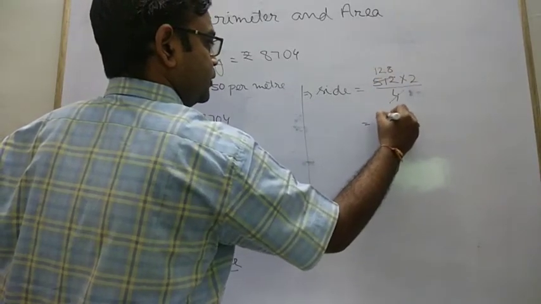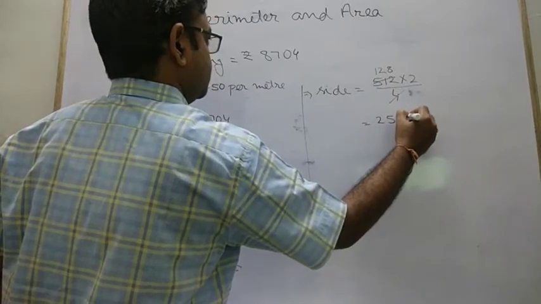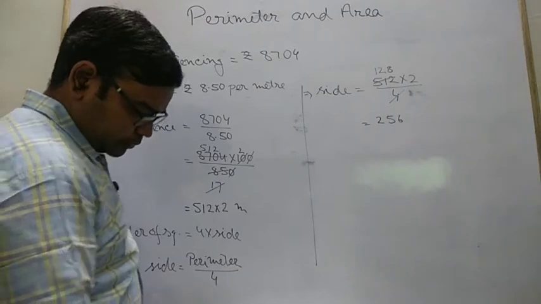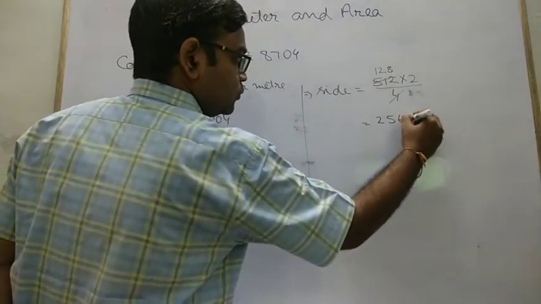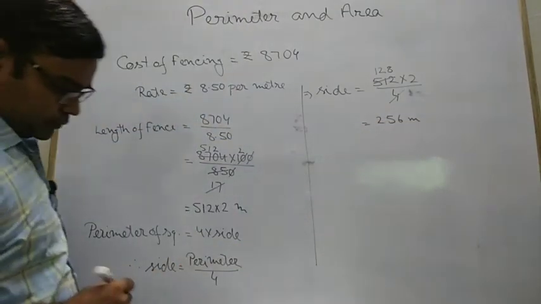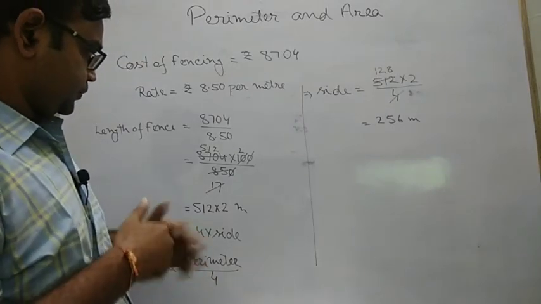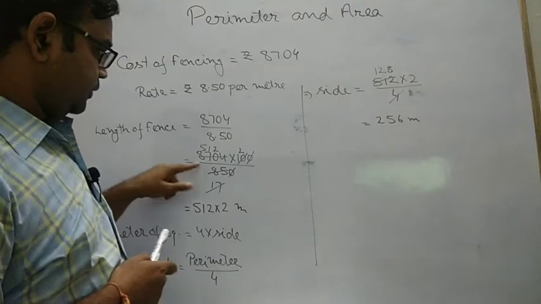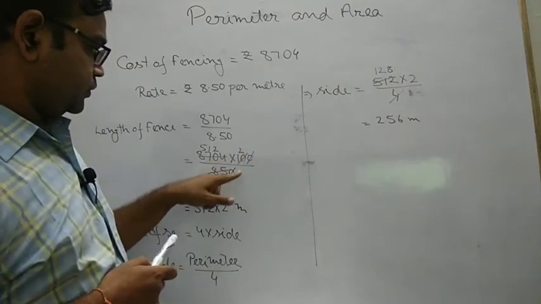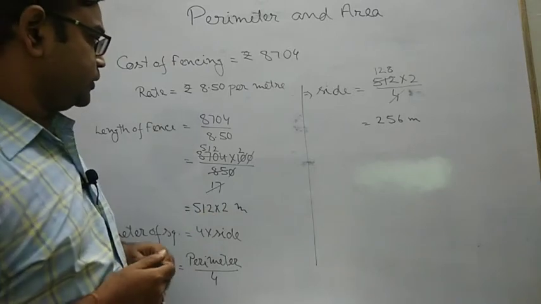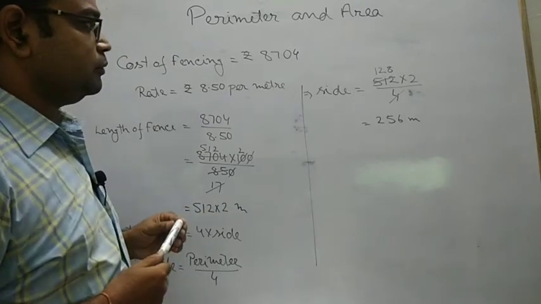It's 256. It may be in this case meter to 256 meter. Am I right? Let's check. 8704, 5 2 17 cancel each other. So 256 meter one side.